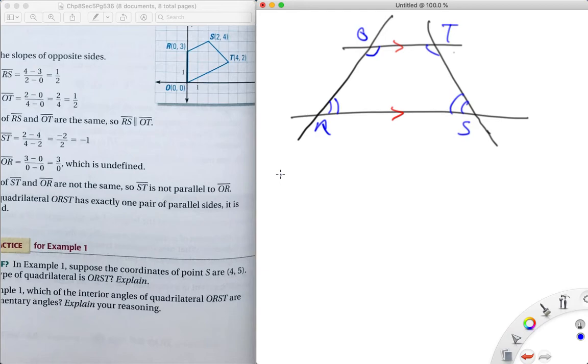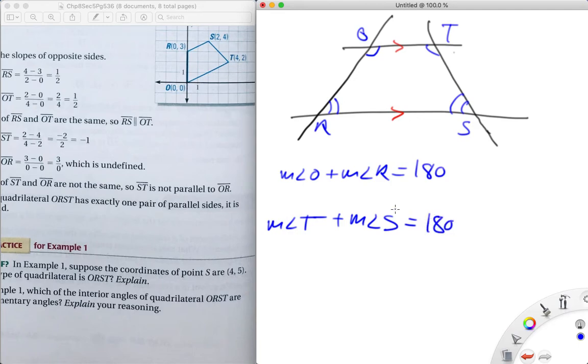So angle O plus the measurement of angle R, they would be supplementary. And angle T plus angle S would also be supplementary, because those are the transversals that cut across the two parallel lines.